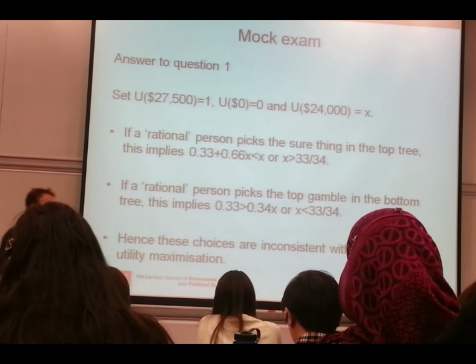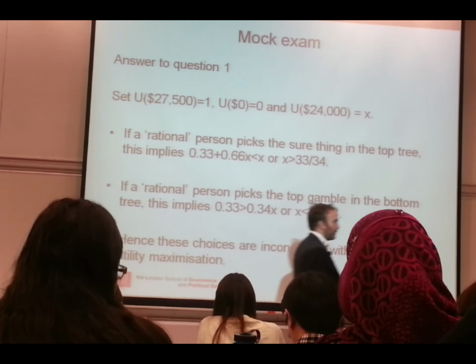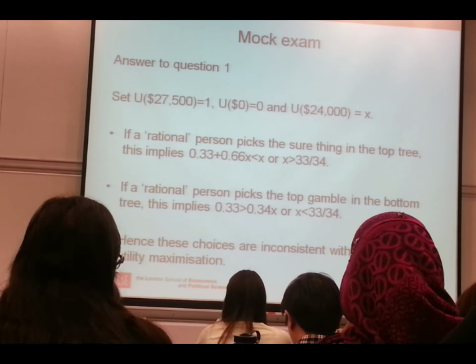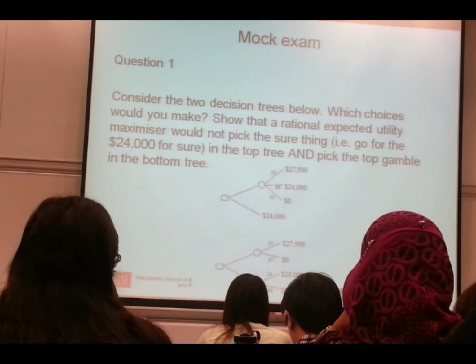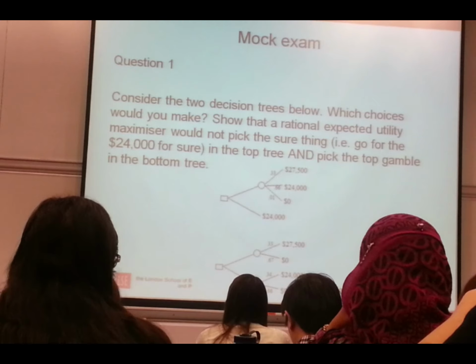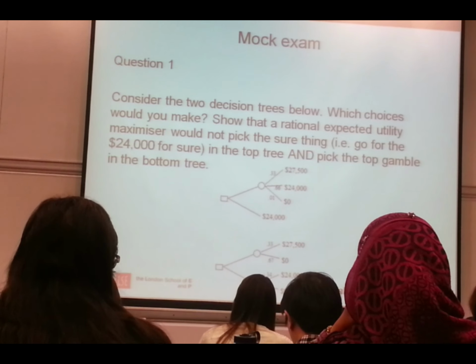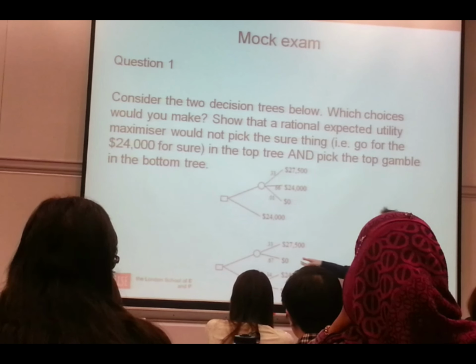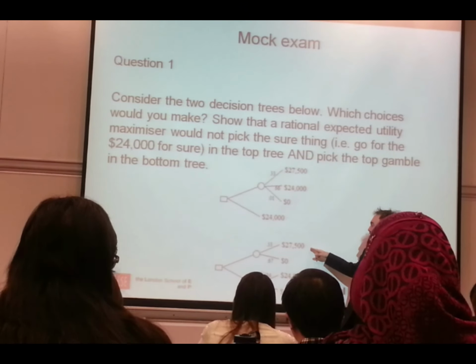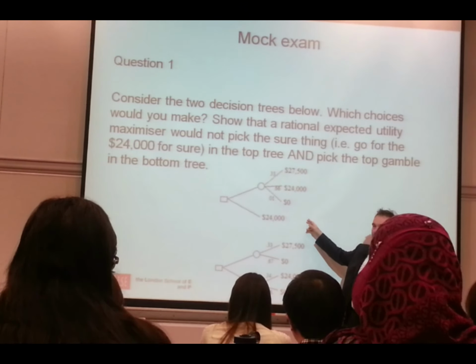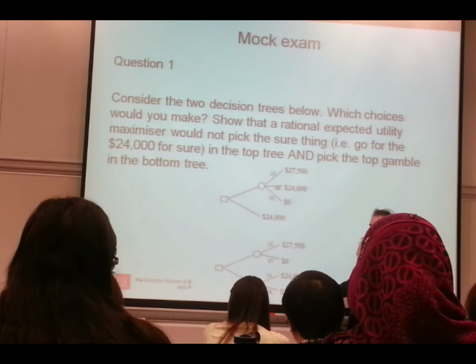Recall that when we look at the 2 decision trees, all we have are 3 values, right? We only have 3 different payoff values. We have 0, we have 27,500, and we have 24,000, right? That's all we have in here.